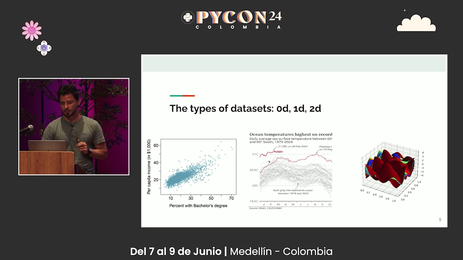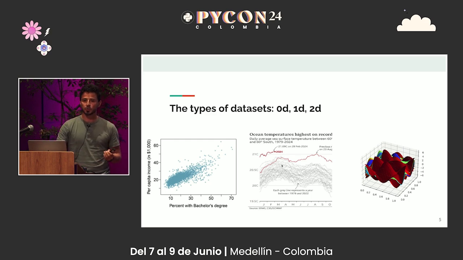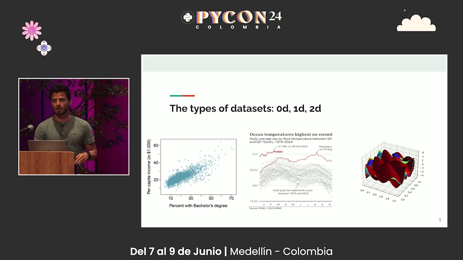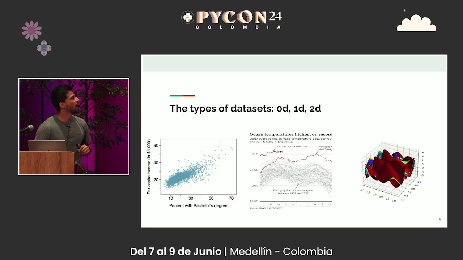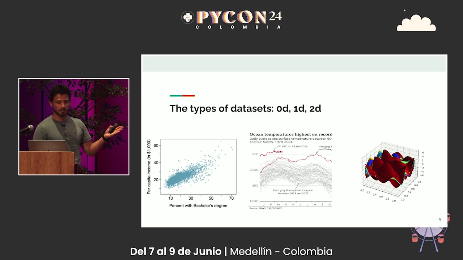The next one is the classical functional data set, where your domain has one dimension. And the last one is a two-dimensional domain that, for example, is classical in image processing and also in contour maps or heat maps.